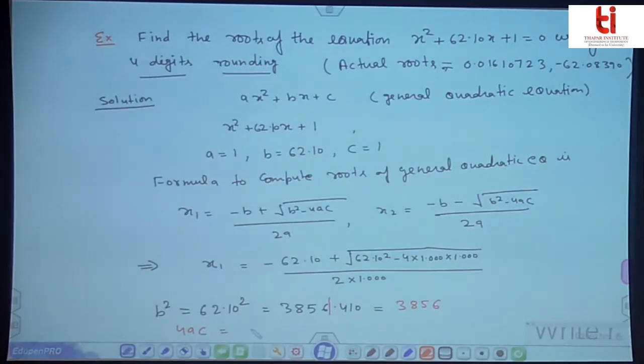The value of 4ac is 4.000. So b square minus 4ac is 3856 minus 4.000. It is coming out to be 3852.